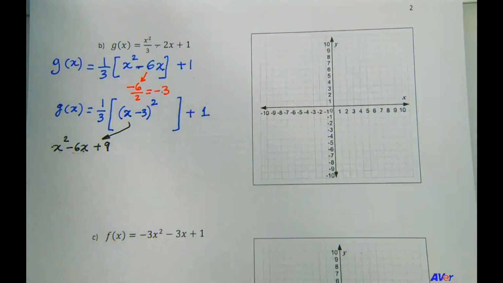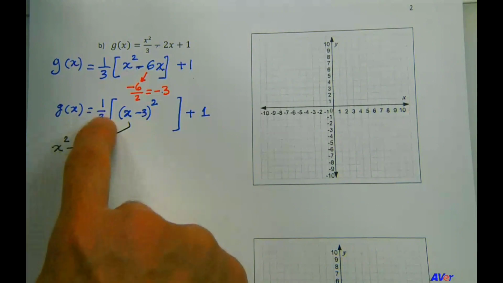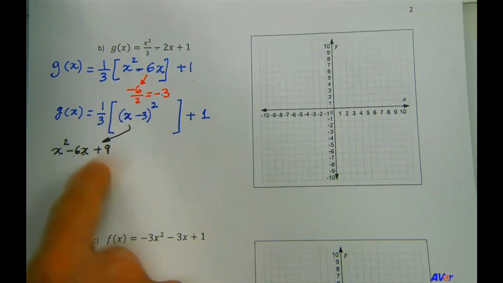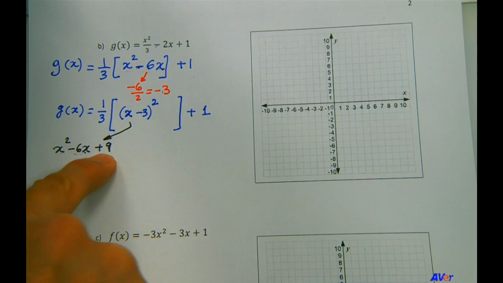Let me fix this with my thicker marker here. So because of this 9, what are we going to end up with? When you distribute this 1/3 into this, expanding this, we get 9, right? Then this 1/3 is going to multiply itself by this 9. What are we going to end up with?